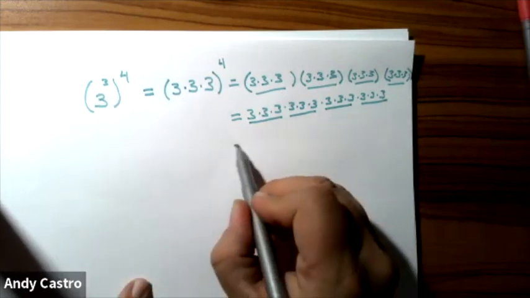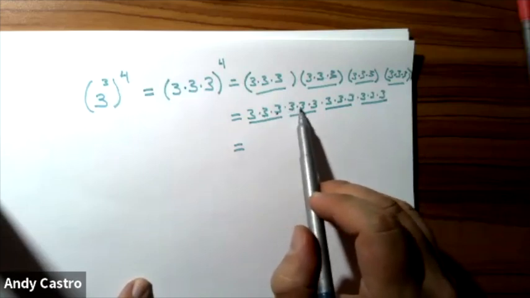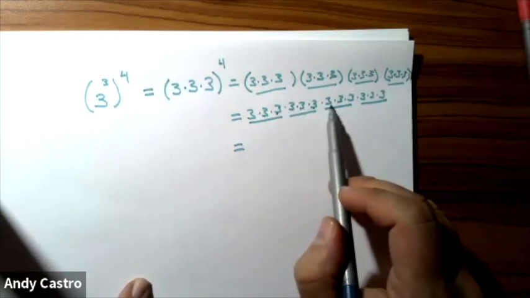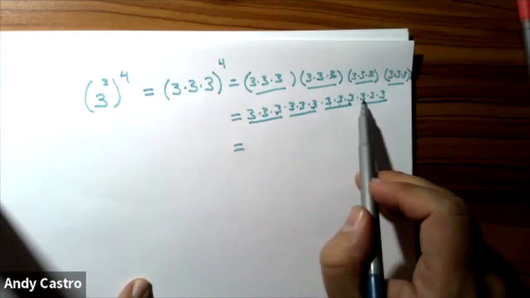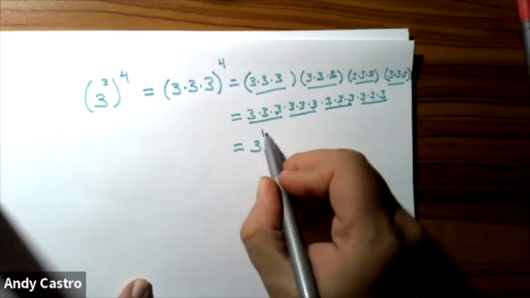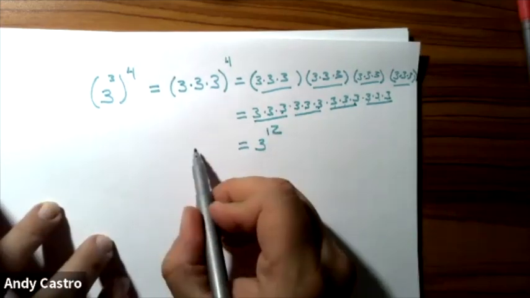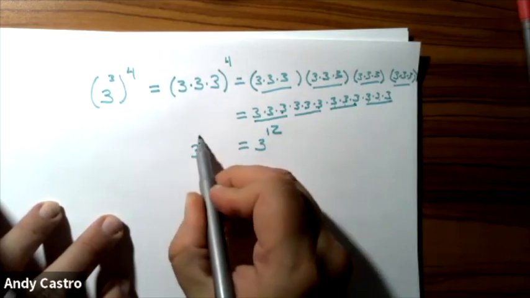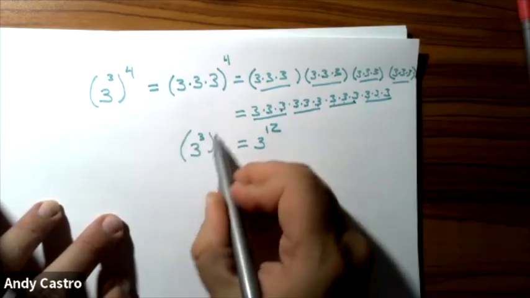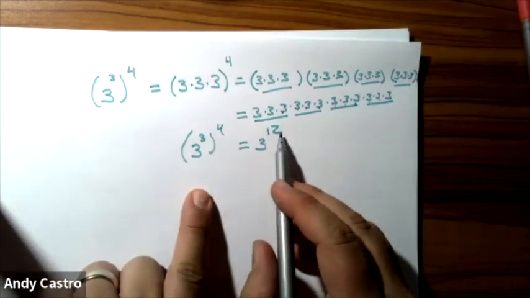Okay. So how many 3's do I have here total? 1, 2, 3, 4, 5, 6, 7, 8, 9, 10, 11, 12. So this is 3 to the 12th power. What we've just proved here is 3 to the 3rd power raised to the 4th power is 3 to the 12th power.